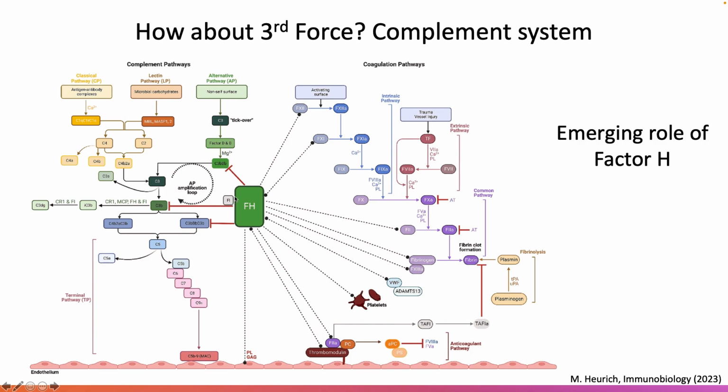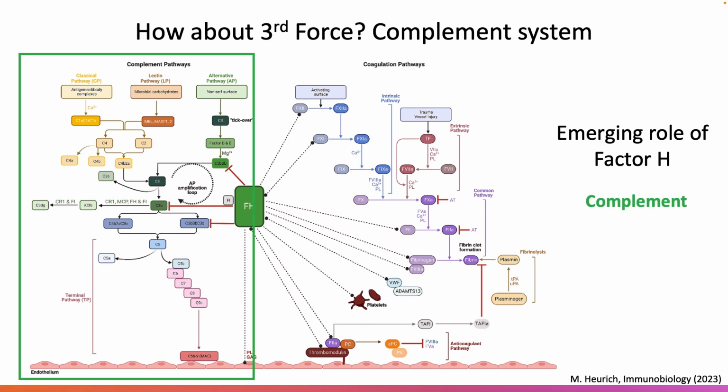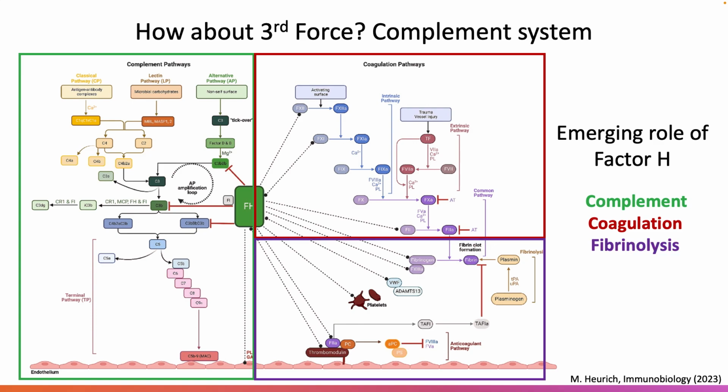So factor H seems to be the mediator of everything, and we can see that nowadays there are emerging complement inhibitors that are still in clinical trials, and there are also a lot of studies going on, especially in TTP and also atypical thrombotic microangiopathy, which is the atypical HUS. So you can see that complement, coagulation, and fibrinolysis are very complex mechanisms that happen in our body, and they can actually interact with each other.